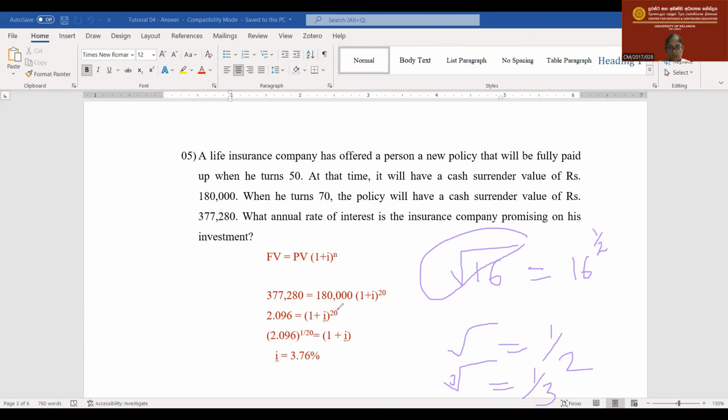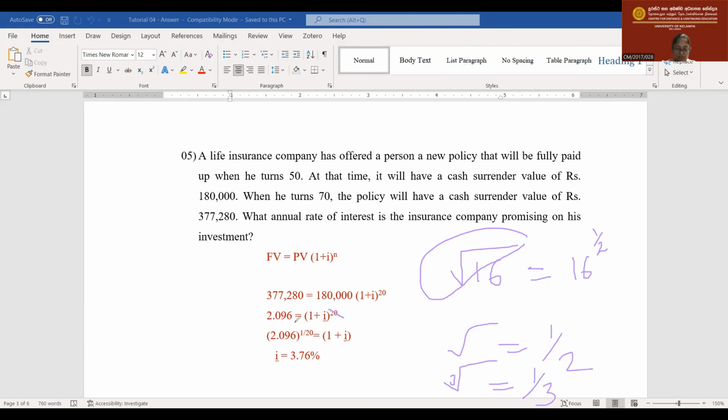Here the power is 20. In order to remove this power of 20, we have to take 1/20th. Therefore, we remove the 20 and take 1 plus I only.